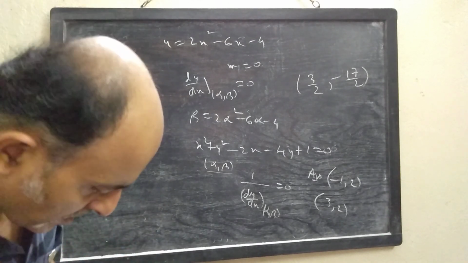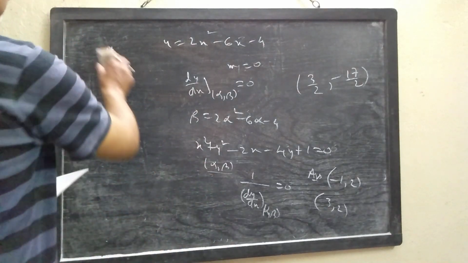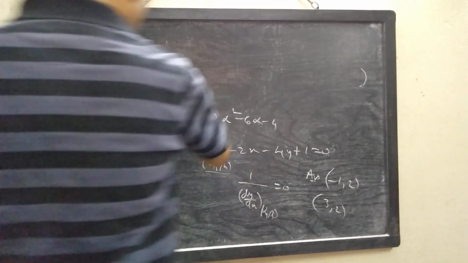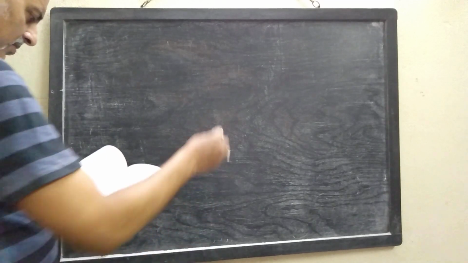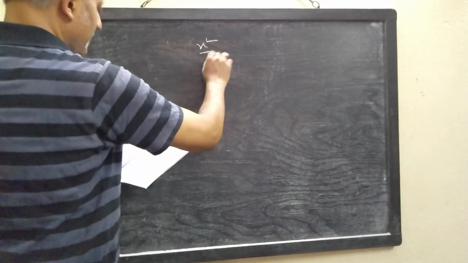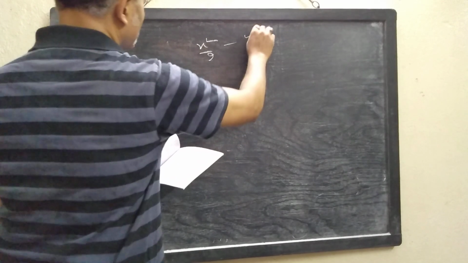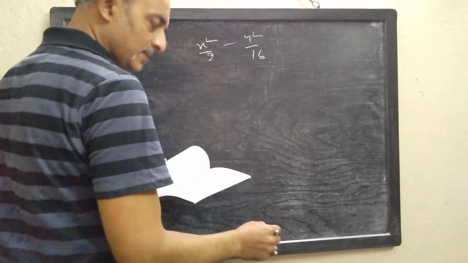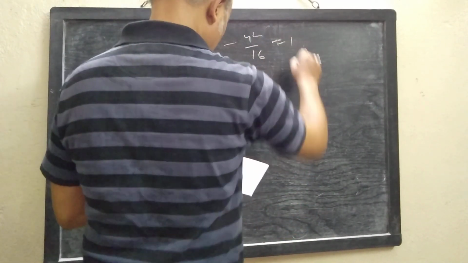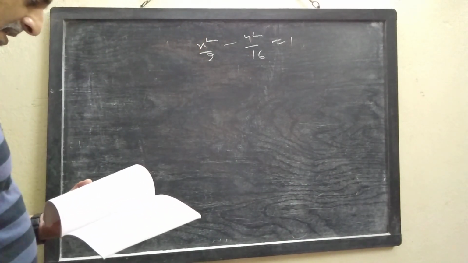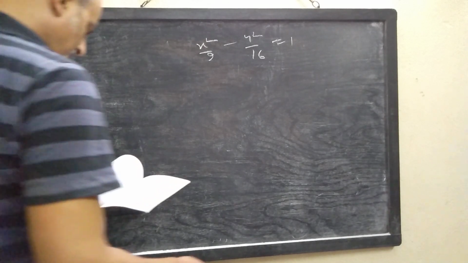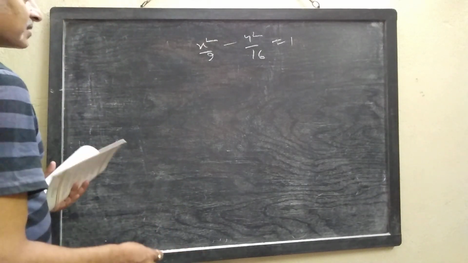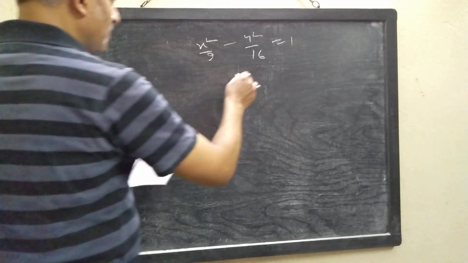Next question: find the point on the curve x square by 9 minus y square by 16 equals 1 at which the tangents are parallel to x-axis, y-axis. So, x-axis first; let the point be (alpha, beta).